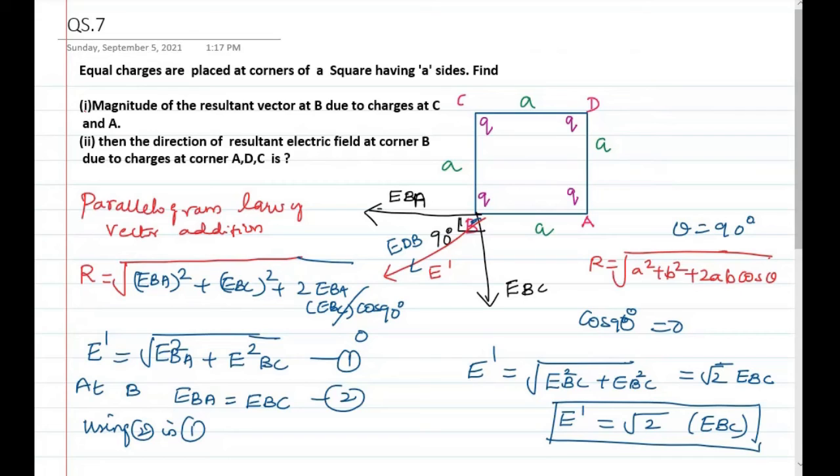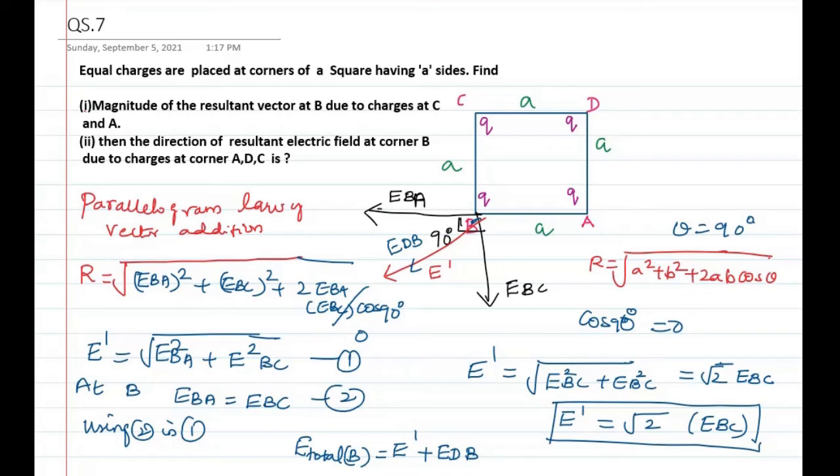So the total electric field resultant at B will be equal to E dash plus E_DB. The direction will be along the DB direction.